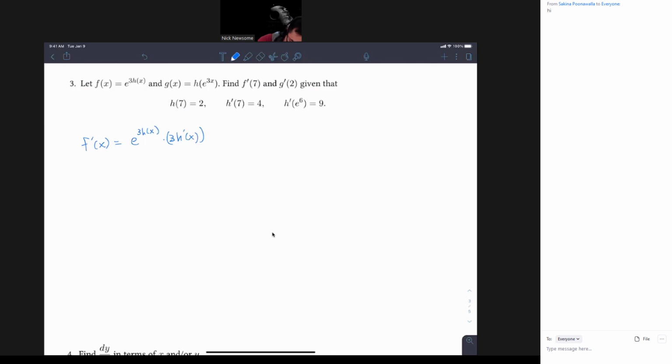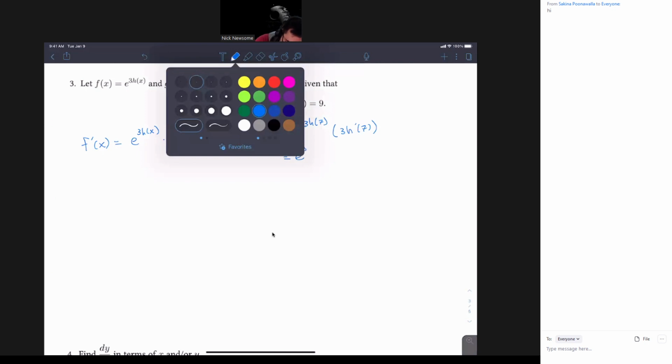So if I want to find f prime of 7, I plug in 7 everywhere. So you get e to the 3 times h of 7, multiplied by 3 times h prime of 7. H of 7 is given to us. It's 2.